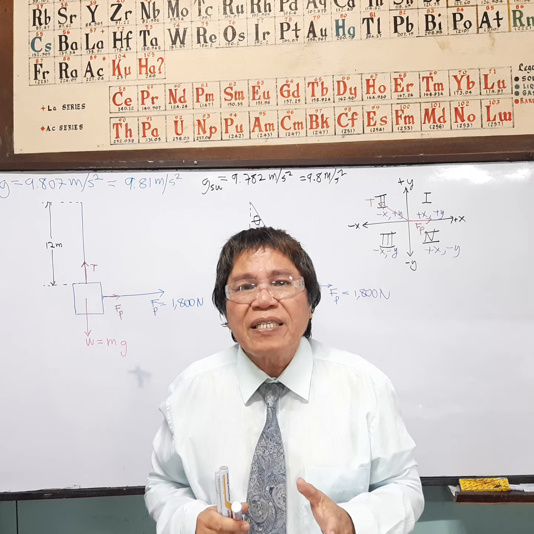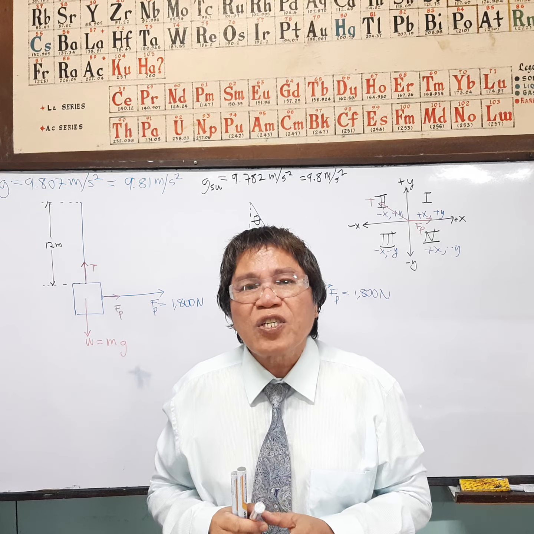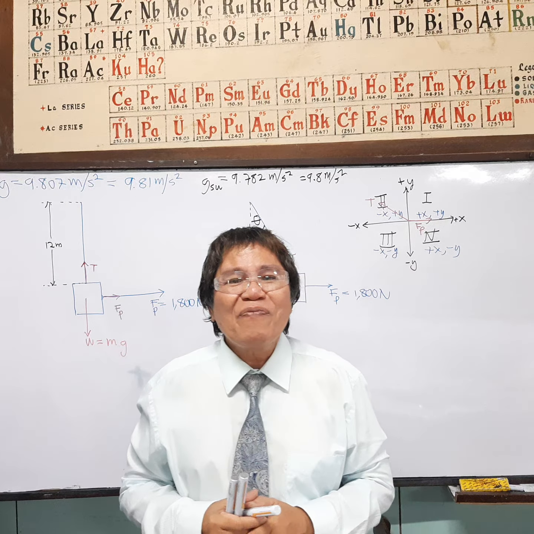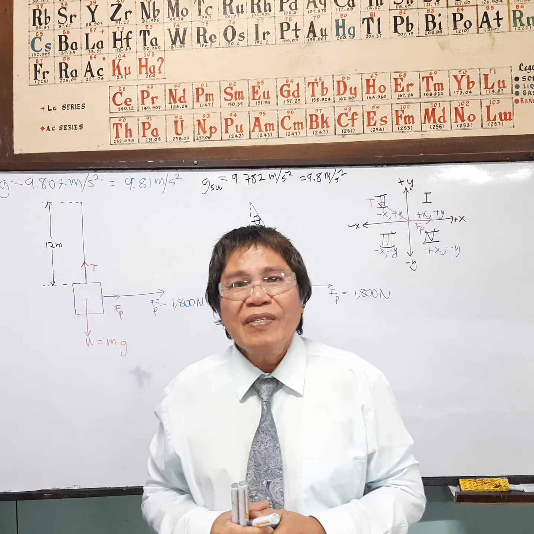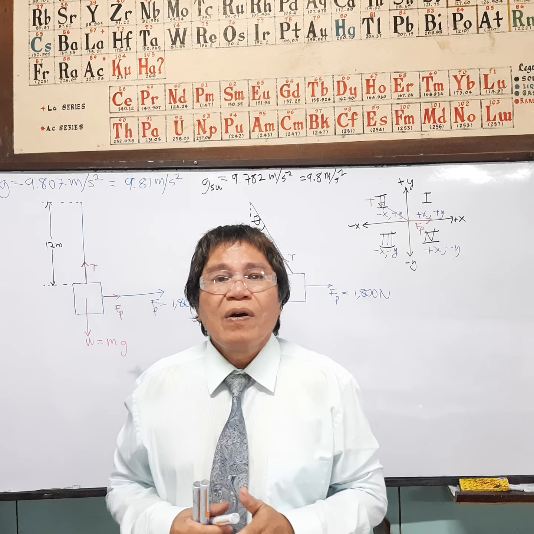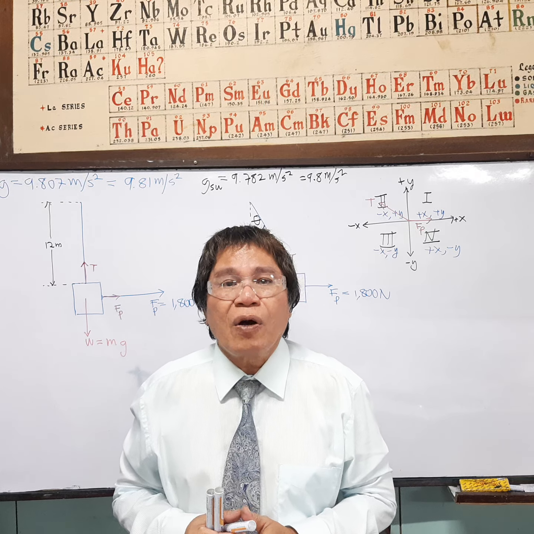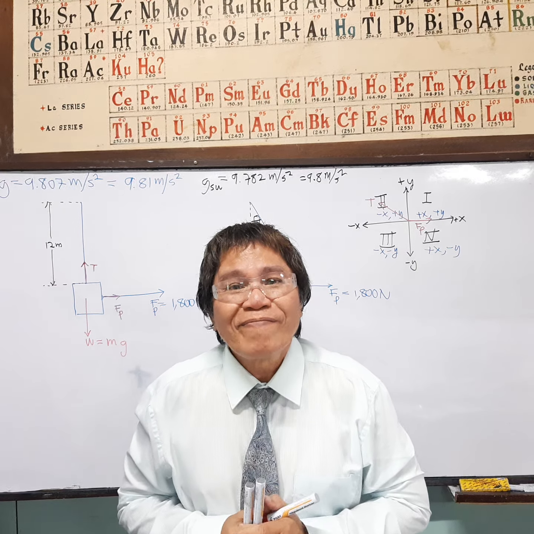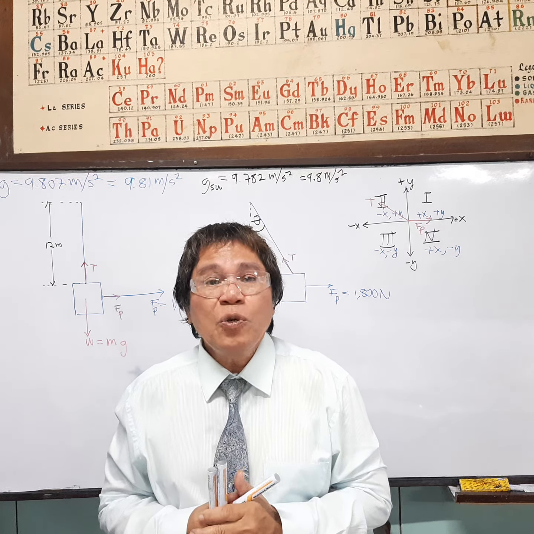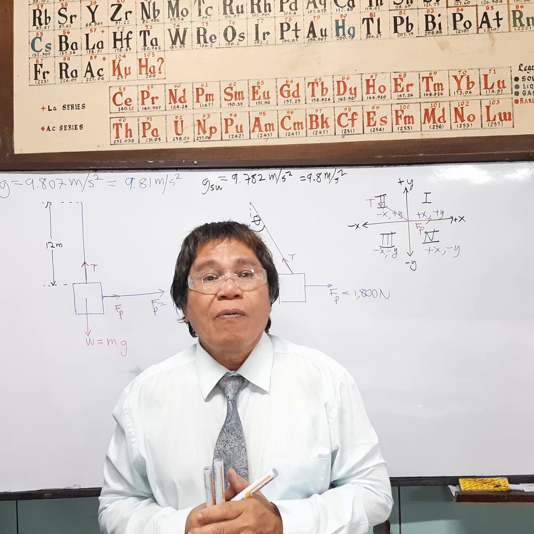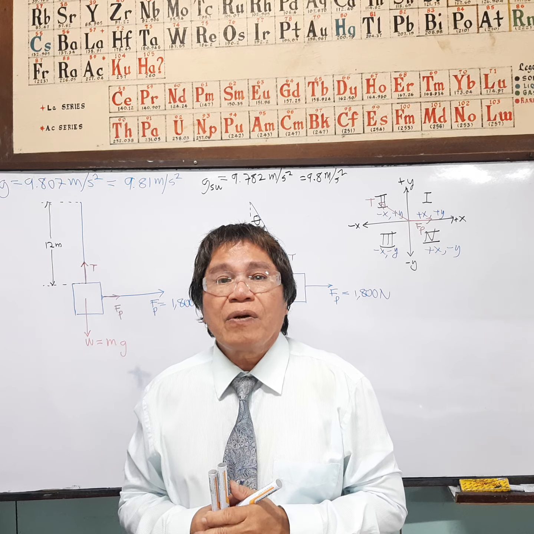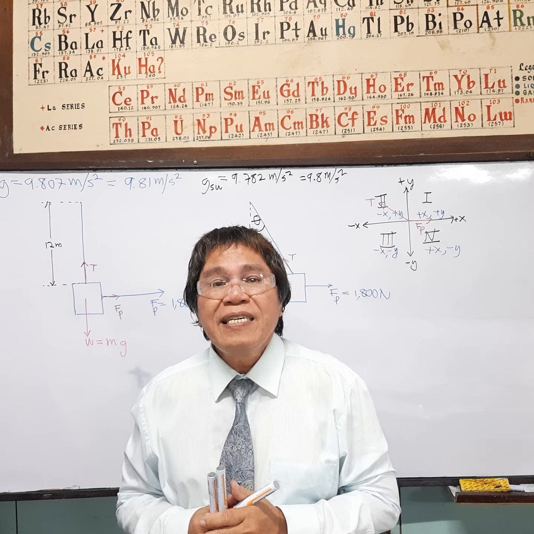And in vector analysis, we have unit vectors we call I, J, K. You can find this one in chapter 2. I is a unit vector along the x-axis. J is a unit vector along the y-axis, and K is a unit vector along the z-axis.